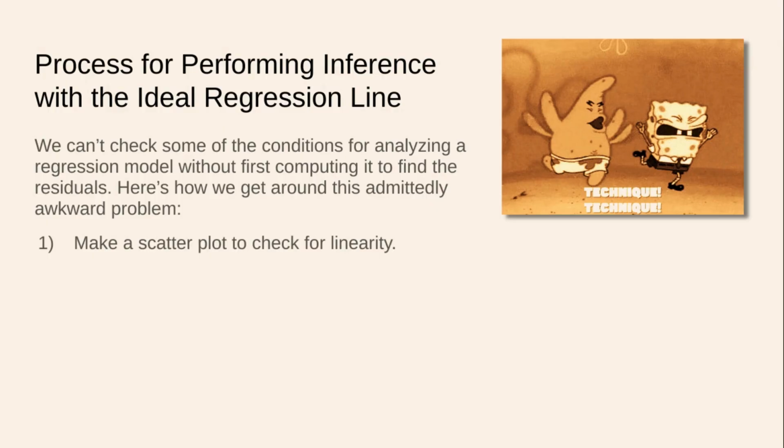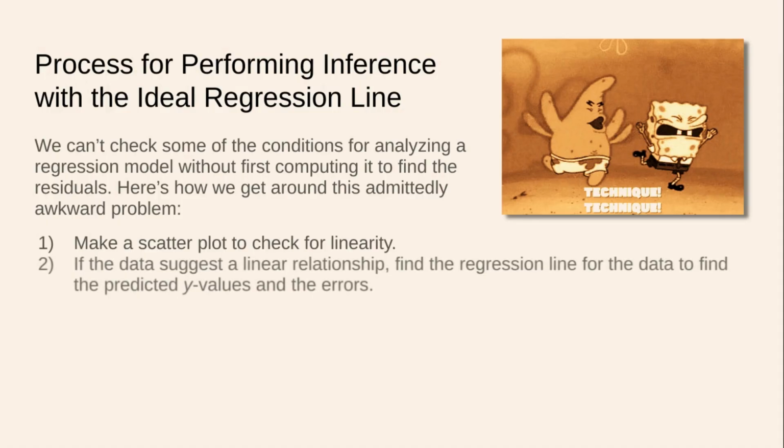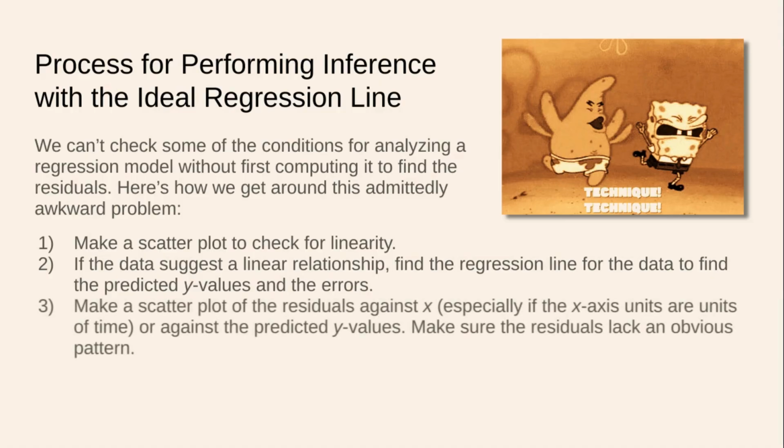We make a scatter plot to check for linearity. If the data suggest a linear relationship, we need to find the regression line for the data to find the predicted y values and errors. So we're going to find a regression line if we see a linear relationship. We're going to make a scatter plot of the residuals against x or against the predicted y values.